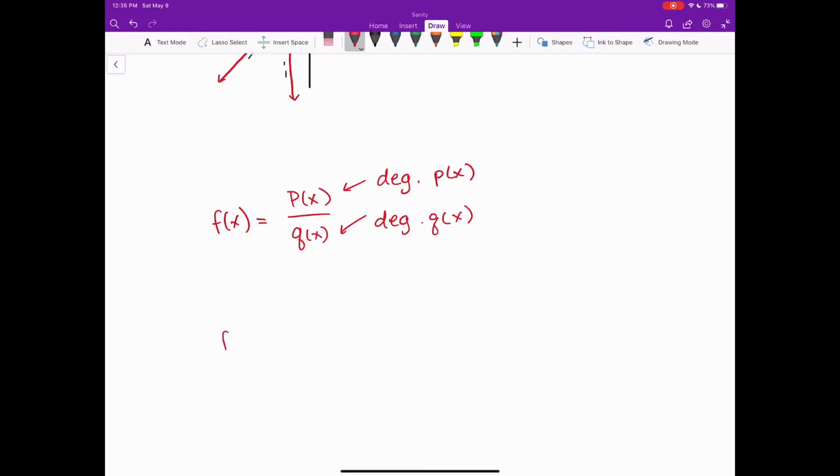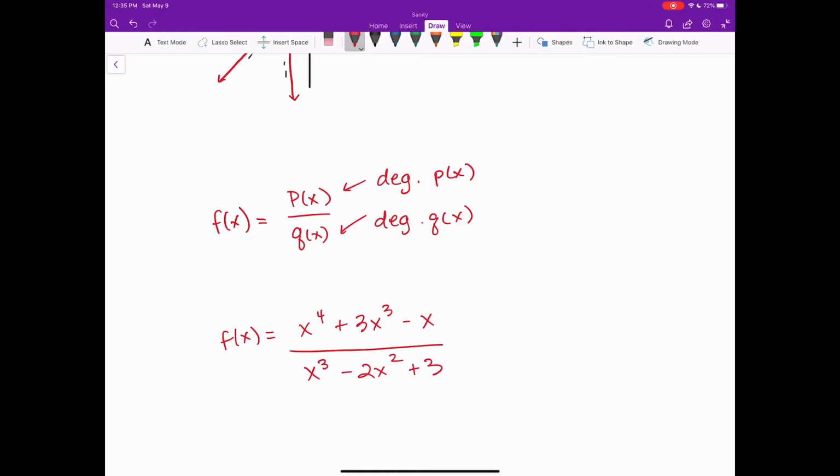So let's say that you have a function f of x equals, let me make a different one up. x to the fourth plus 3x cubed minus x. All right, that would be maybe your p of x function. It's the numerator divided by x cubed minus 2x squared plus 3.